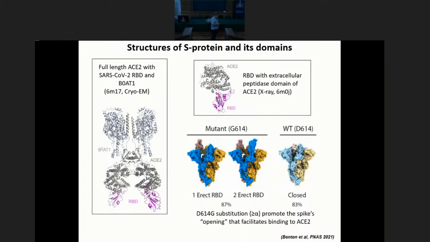Probably this protects the RBD from attack of the human immune system, but it slows the virulence and the spread of the virus. And in all versions after the alpha version of the virus, there is a mutation that induces dynamics of the RBD, and the S protein from these modern viruses usually contains one erected RBD or two erected RBDs. Thus one RBD in down conformation and two in up conformation, or vice versa.